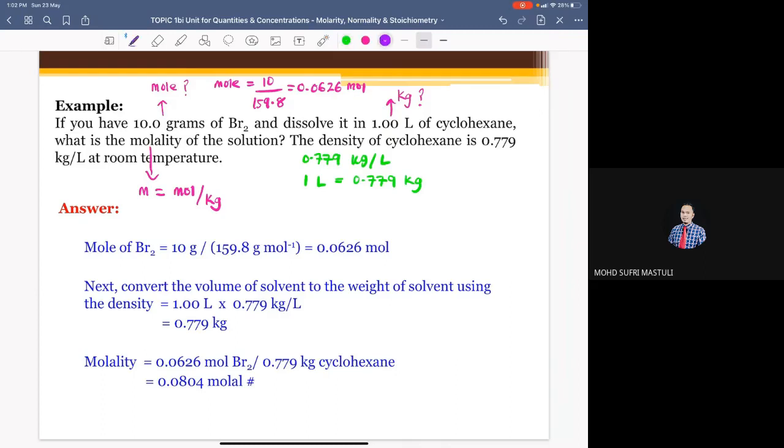So therefore, you can calculate the molality, which is mole, 0.0626 mole over kilogram of solvent, 0.779 kilogram.